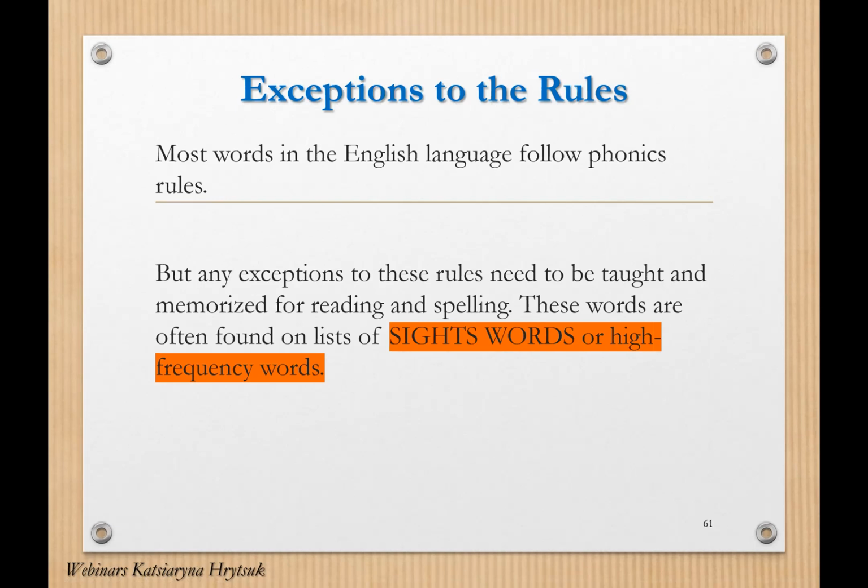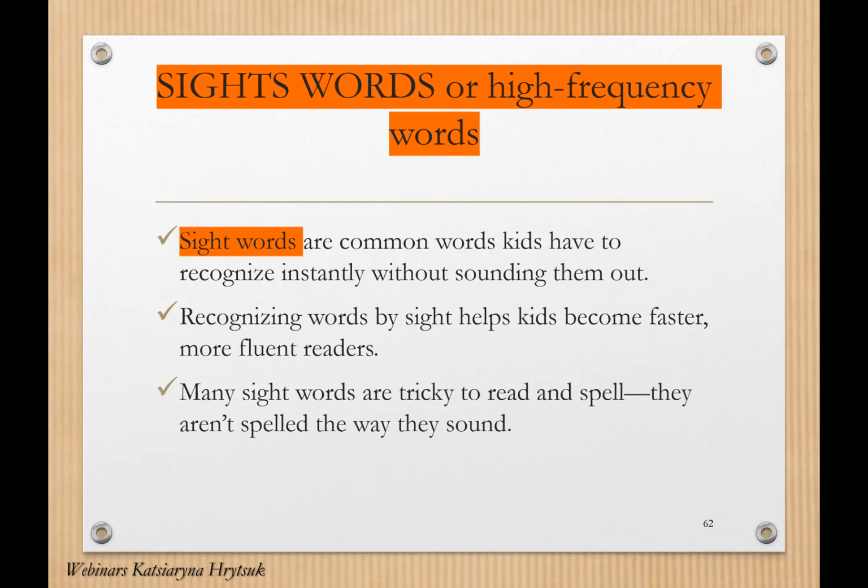They call them sight words. These sight words are very common for kids, and the kids have to recognize them just by looking at these words without sounding them out. So recognizing words by sight helps kids become faster and more fluent readers.